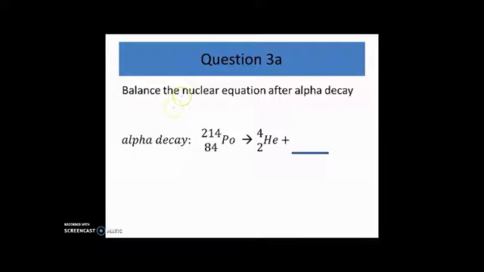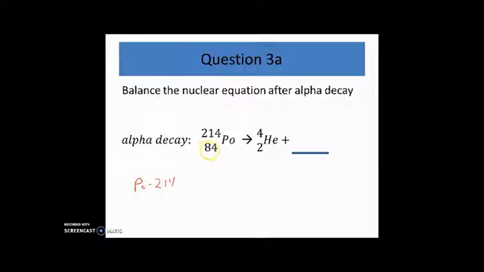So let's take a look at how we would do one of these. Now here's an alpha decay question. You have it in your notes, 3A. You have polonium with an atomic mass of 214. And just to get you prepared for some of the other notes you'll have later on, this would be labeled Po, or polonium 214.